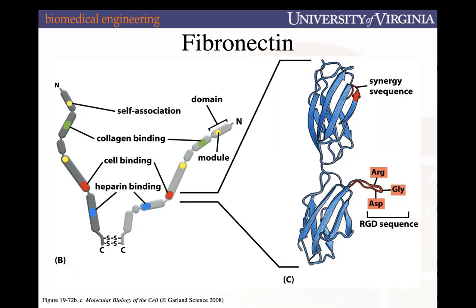It's rather considered to be a signaling scaffold protein within our connective tissue ECM. And there are a lot of different domains present on fibronectin that make it this really bioactive molecule, as opposed to providing or serving some sort of structural or physical role in the connective tissue ECM.